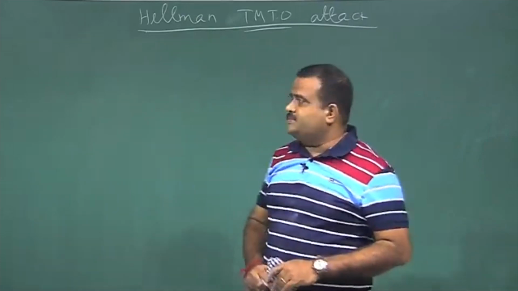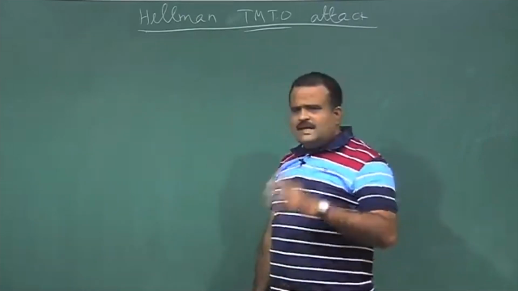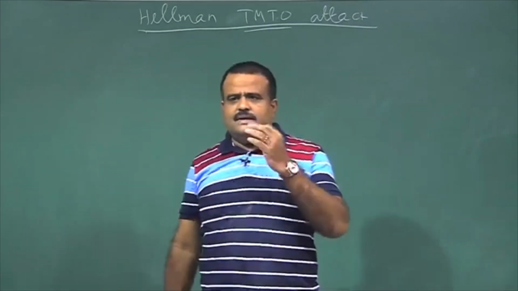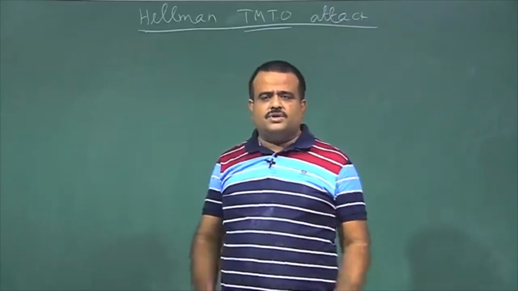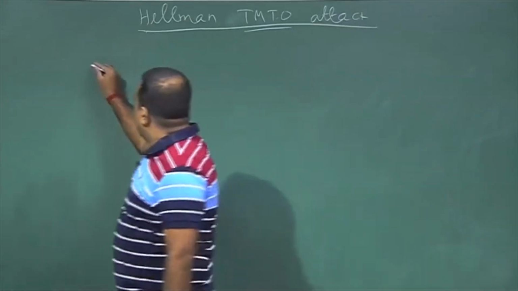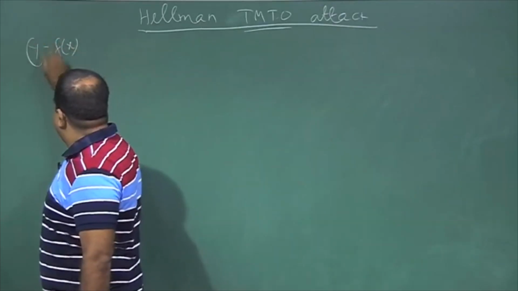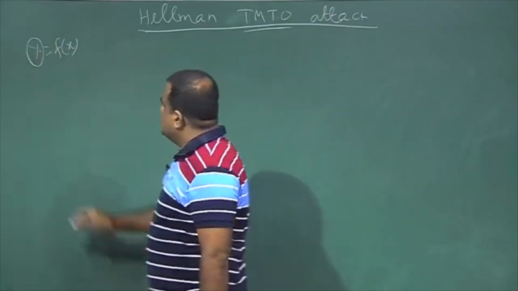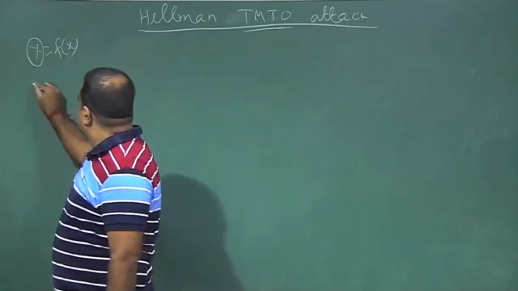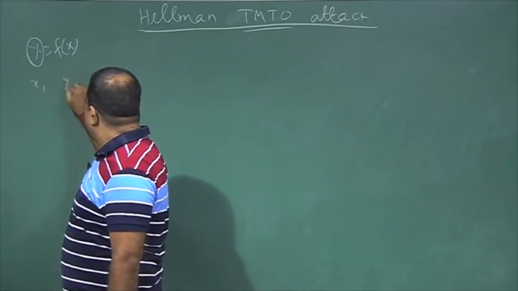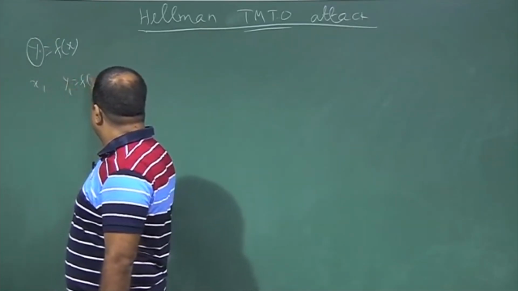In the online phase, earlier we have seen we are doing that table lookup method. Table lookup method means we are storing this basically. So, we have to invert this f. We are given y equal to f of x, and we need to get x. In the table lookup method, we choose an x1 and get y1, which is f of x1.